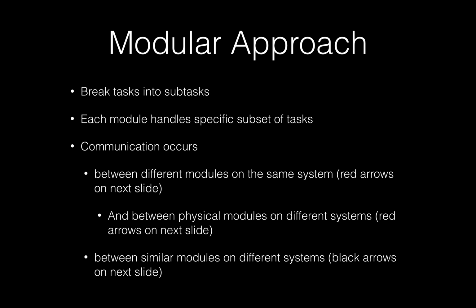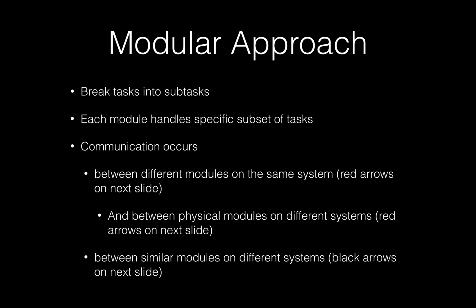And a few more words. It takes the modular approach. It breaks tasks into subtasks. Basically, each layer is in charge of a specific thing. So, for example, TCP is for sequencing, the IP is for routing, and so on.